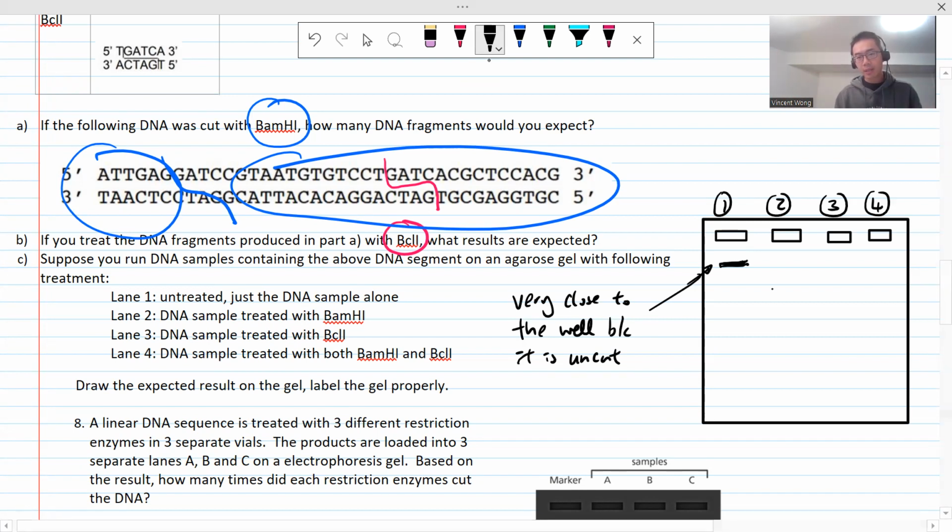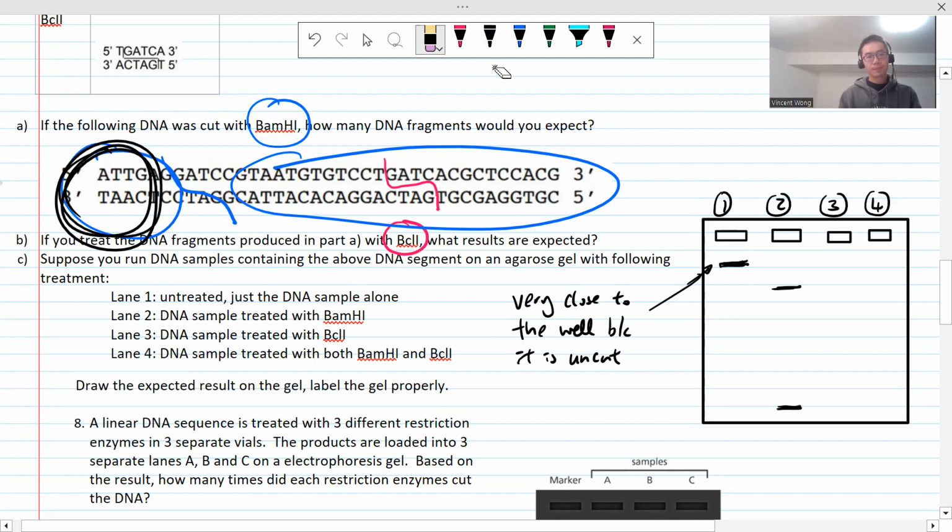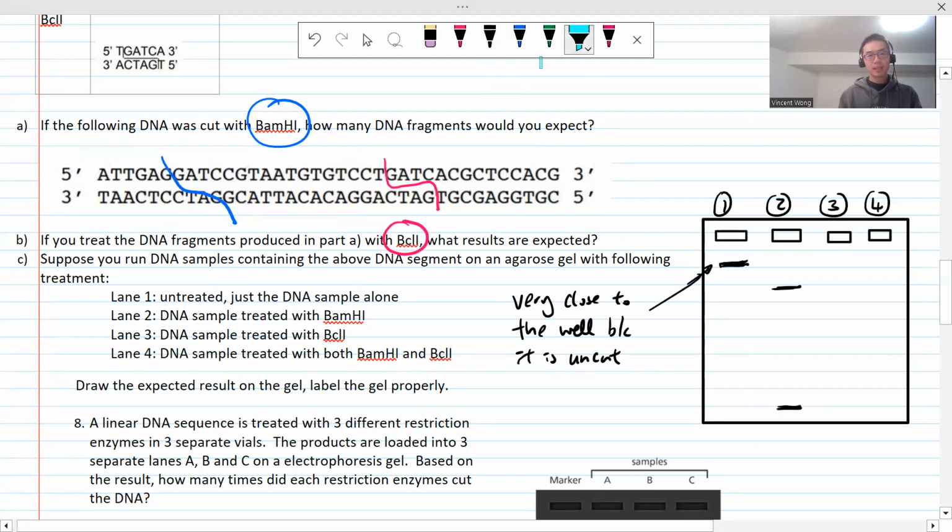So it's going to be up here, close to the top, but further down compared to the uncut. And this little piece here, it's pretty small, so it's going to go all the way down. Okay? I'm going to highlight this piece here. I'm going to highlight this to show you that they're corresponding to each other.